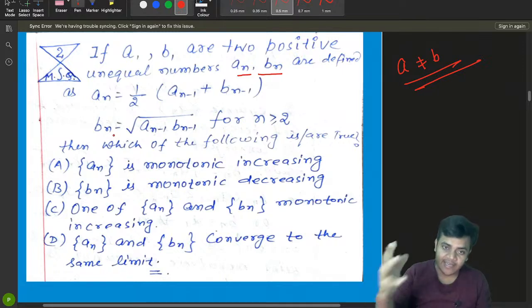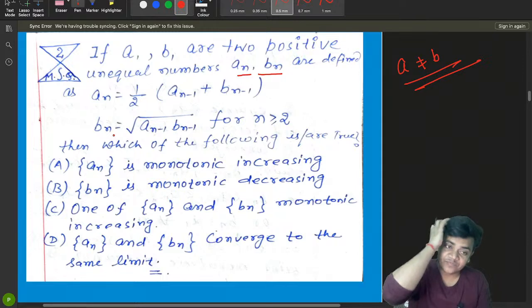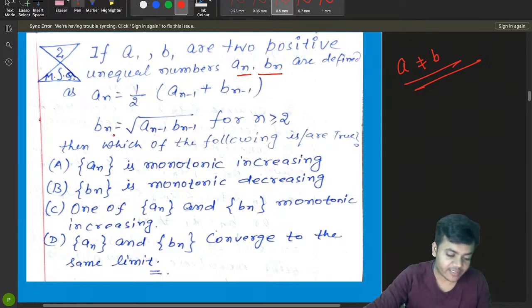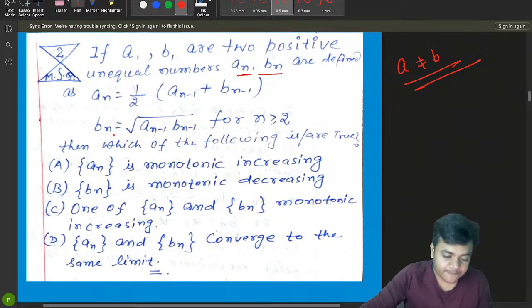Then once again, this is a more-than-one-correct question, a multiple select question is there in front of you. And once again, you have to check its monotonicity.